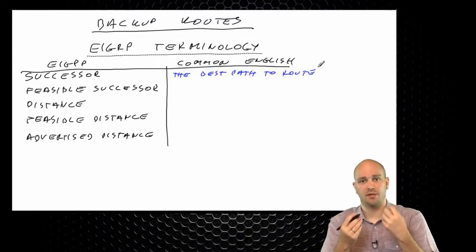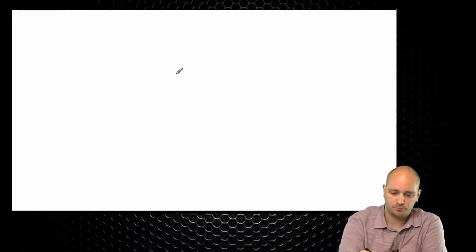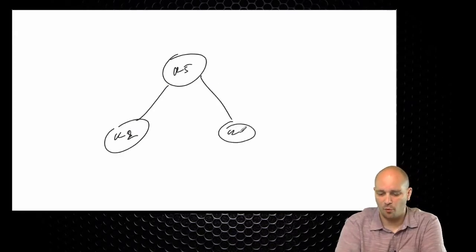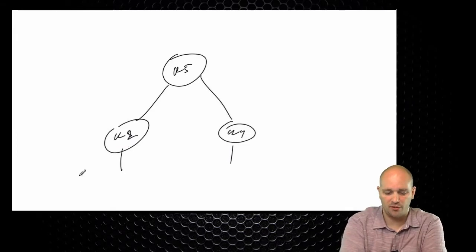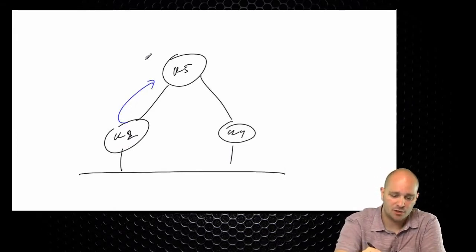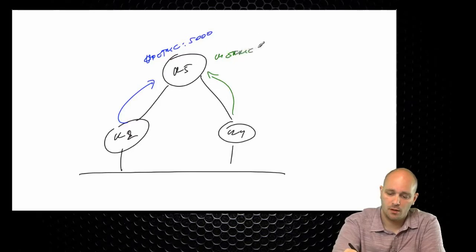So if we have multiple possible destinations for a route, so let's say that we have our R5 here, and we have R2, and we have R4, and let's say that they're both advertising the same network here, and let's say that the route here has a cost or metric of 5,000, and this one here has a metric of 10,000.